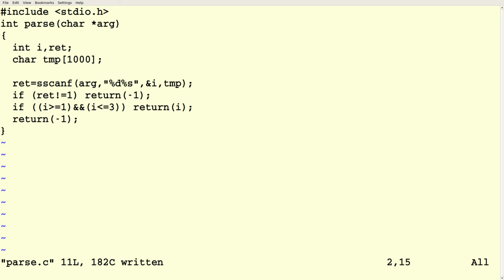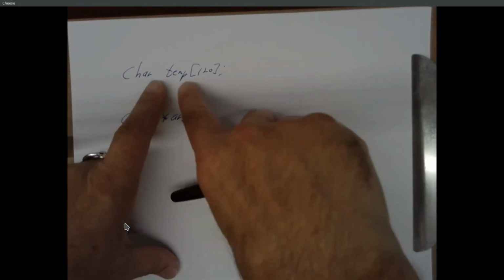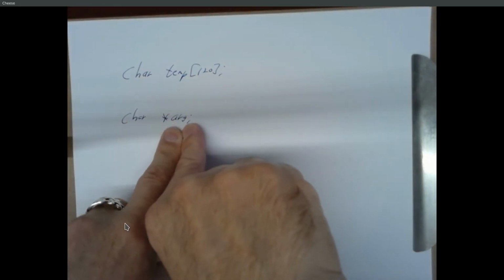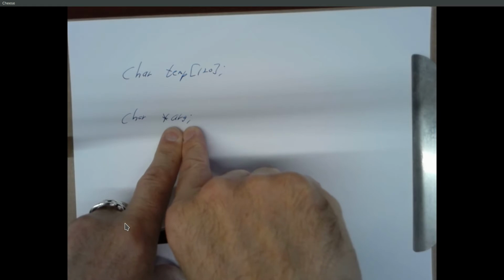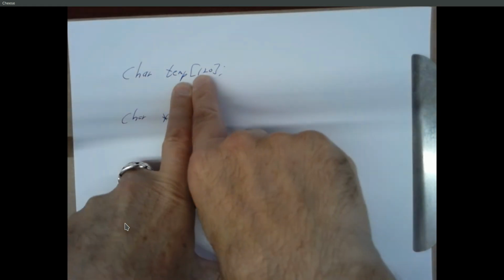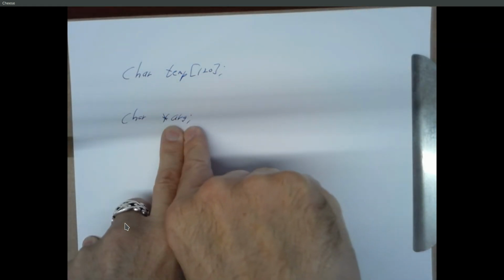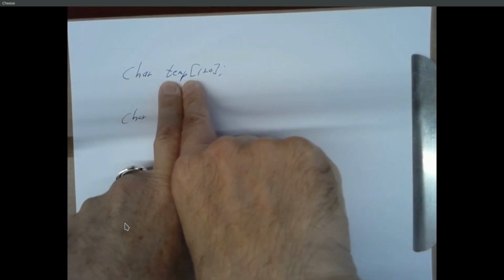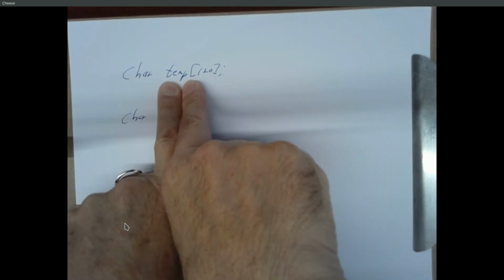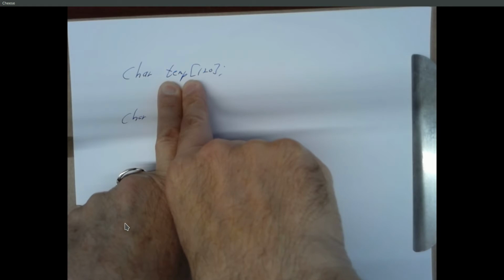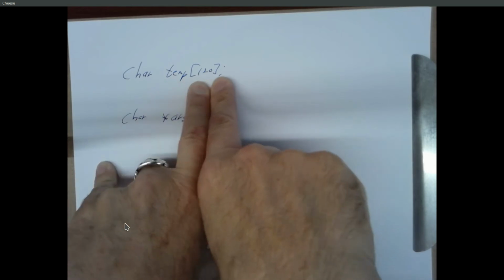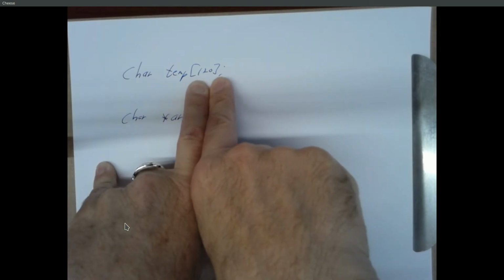All right, so why is this char star arg and this is char temp bracket some size? Both of these say this variable is a string, an array of characters. This does some extra stuff that that doesn't do, though. If we say char temp bracket 120, what does the compiler do? It says, okay, the person is going to use this variable named temp somewhere, and that's going to be an array of characters, and that has to be big enough to hold 120 characters.